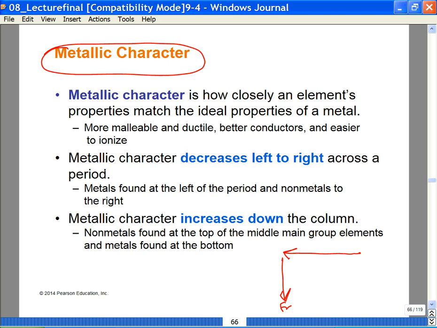Which one exhibits the most metallic character? So some examples of those. I can't tell if this is tin.